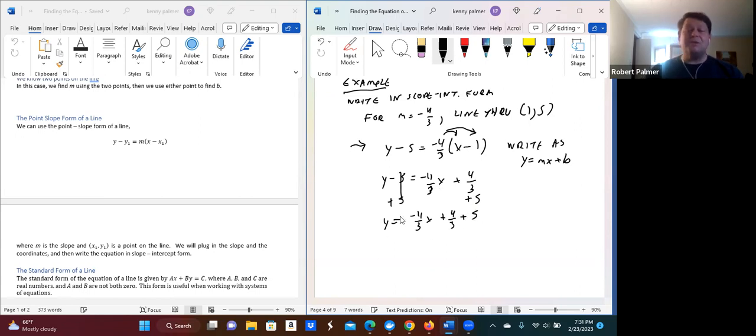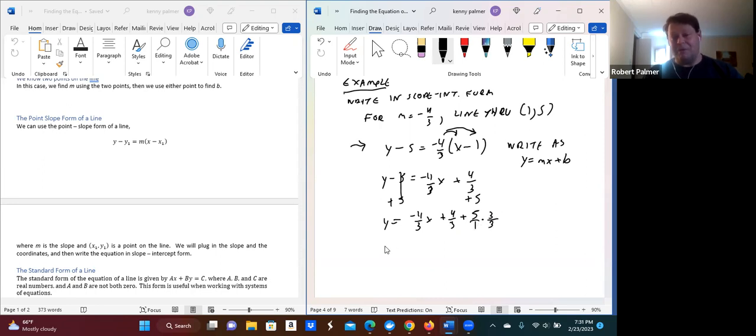Now here, we could also do the same thing we did before and get a common denominator. I'm going to do this a different way, to practice working with fractions. What we want to do is basically write 5 with the denominator of 3. Another way to do that is 5 is the same as 5/1. Multiply the top and bottom by 3. We have to multiply the top and bottom because 3/3 is 1. We're not changing what 5 is.